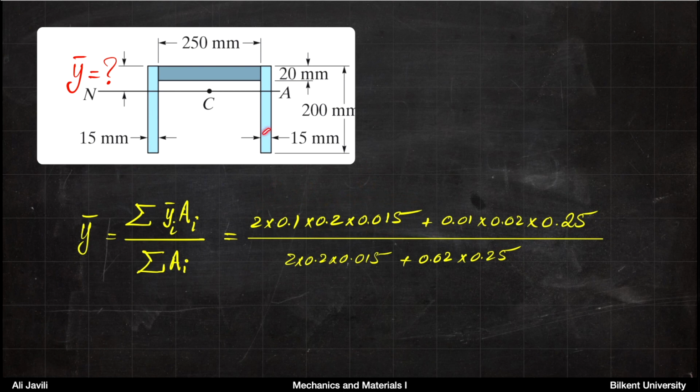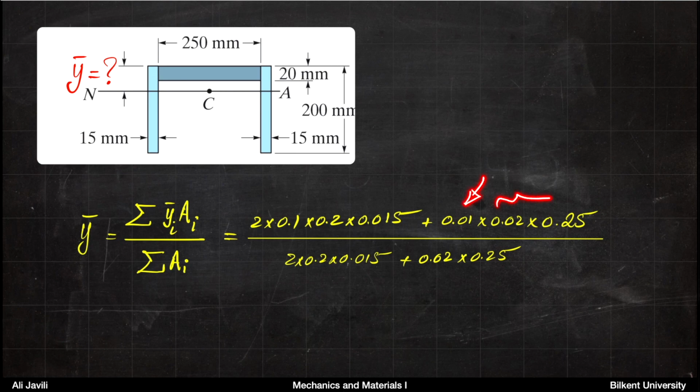So the first term is for the 2 sections on the sides. And then the second term here is basically the distance of the centroid of this section from top. So the height of that rectangular part is 20 millimeters. So the distance from top would be 10 millimeters. That's this 0.01.